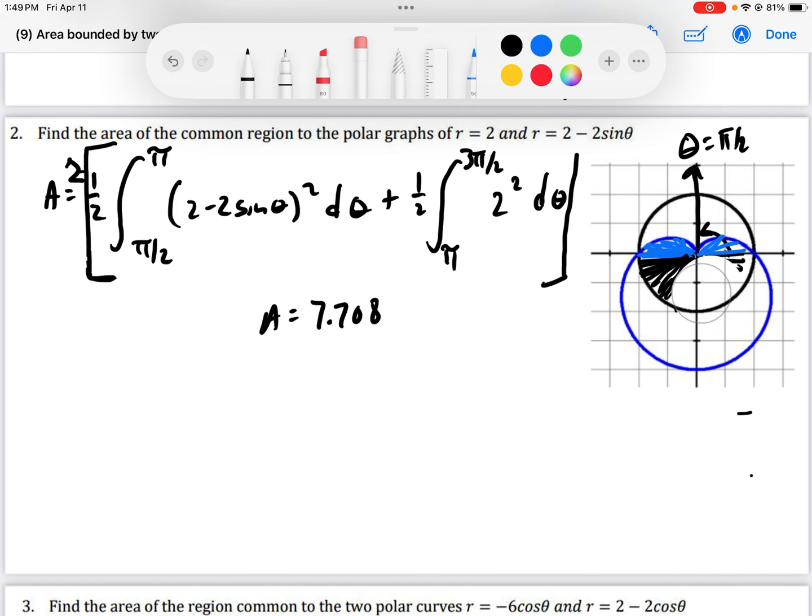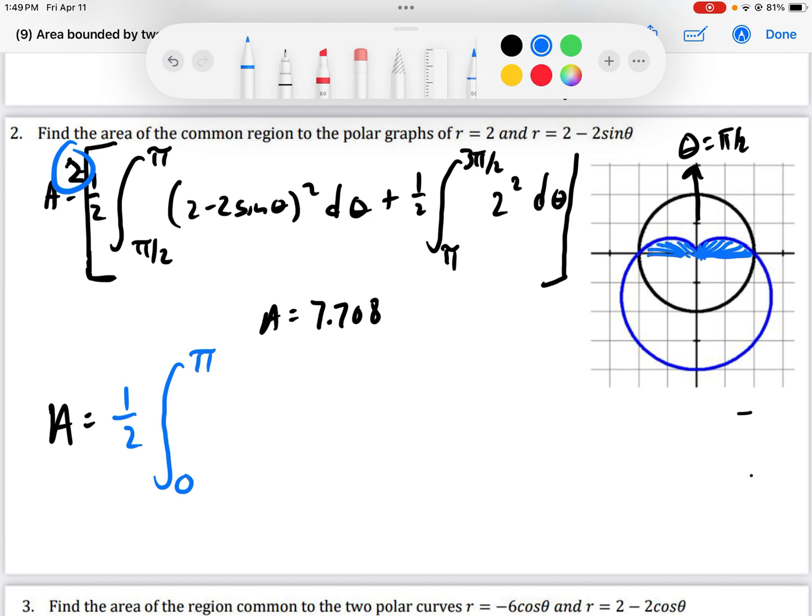Now, I'm going to show you an alternate way, which is what I did the first time: I'm just going to do the whole thing. I'm not going to use any symmetry, because sometimes if I use symmetry, I forget to double it, and that's unfortunate. Area is equal to 1/2, starting at 0, adding up all these little sectors from 0 to pi, because that's where I use that blue function, 2 minus 2 sine theta squared d theta.